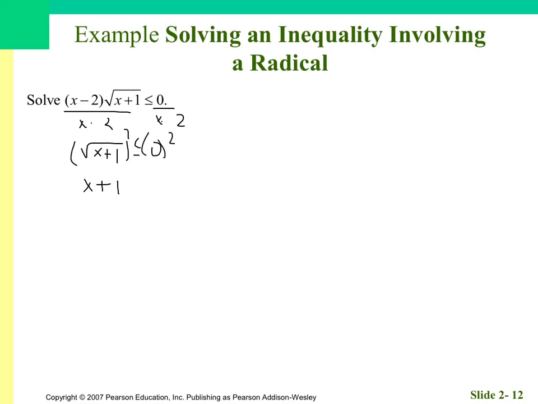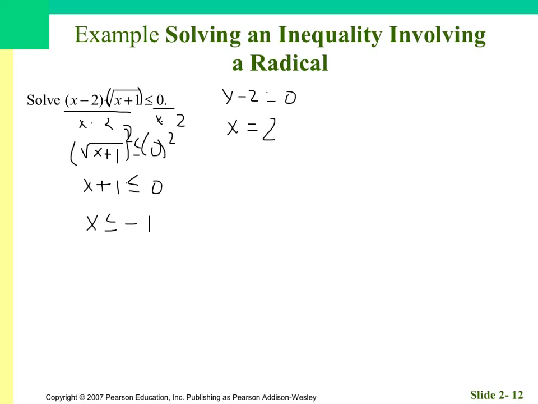You get x plus 1 less than or equal to 0, when x is less than or equal to negative 1. But can we have it be less than or equal to negative 1? That's where it would be negative, but can you take the square root of a negative? No, but we know that's also a 0, so that's good. The other 0, well, they're factors, so we could have just also said x minus 2 equals 0, so x equals 2.